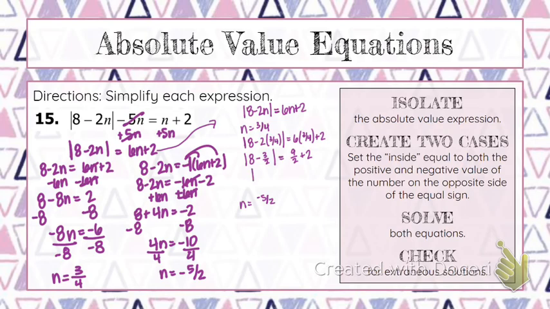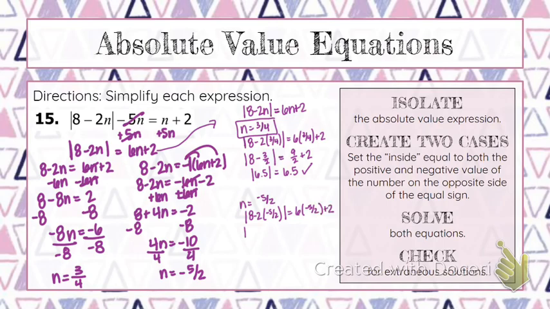So this gives us the absolute value of 6.5 equals 6.5. That is true. So n equals 3/4 is one of our answers. So now we have absolute value of 8 minus 2 times negative 5/2 equals 6 times negative 5/2 plus 2.